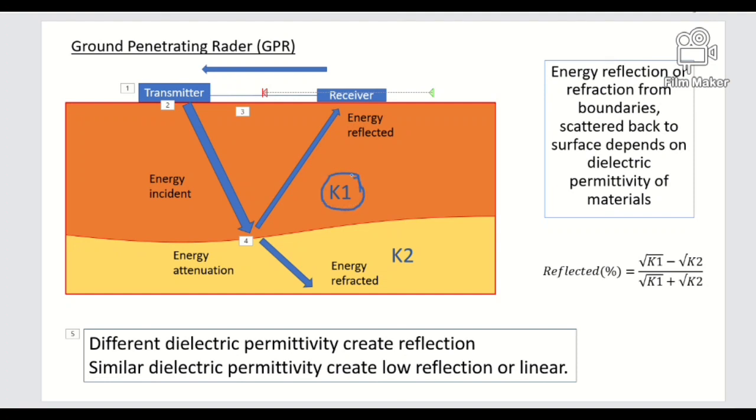It depends on the material how much wave energy reflects or how much wave energy refracts. It depends on the object or any material's dielectric permittivity. Different dielectric permittivity can create the reflection. The upper material has a dielectric permittivity that is different from the lower dielectric permittivity.